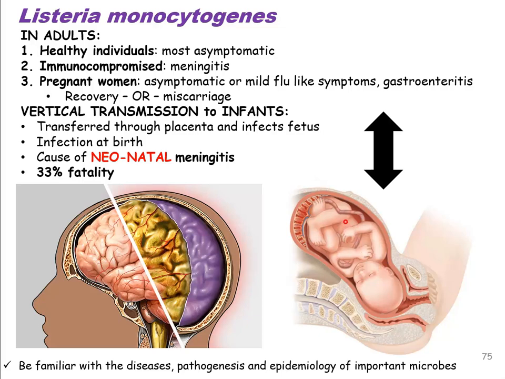Then it can cause miscarriage or fetal death, but more often the baby is delivered about 1 to 4 weeks later because of this organism being able to travel through cells and also live inside macrophages. It will travel to the coverings of the brain and the spinal cord, so the meninges. So about 1 to 4 weeks later, it causes neonatal meningitis, and it is about 1/3 of the time fatal.